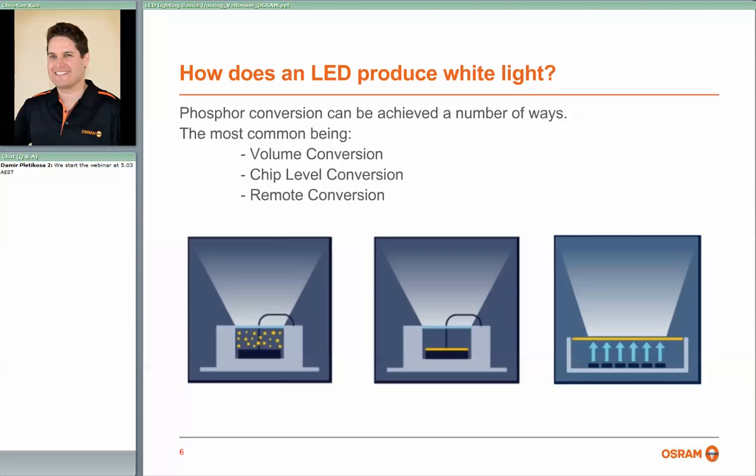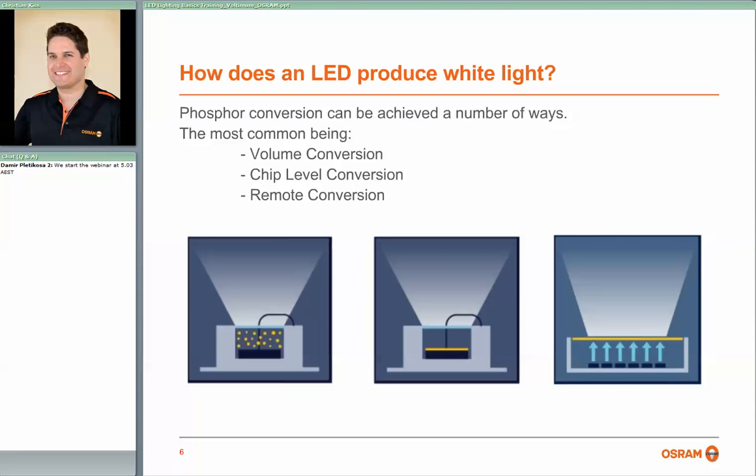Basically it's the most mature technology around at the moment, so that's one of the advantages. It's relatively low cost to manufacture LED chips in this way. It's a point light source, so it's very easy to control the light with optics, reflectors, lenses and so forth.